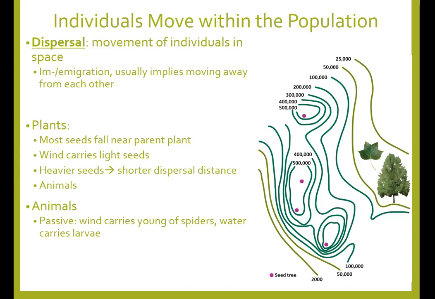Animals also disperse. Of course, you can think of Charlotte's Web at the end there, where all Charlotte's baby little spiders are blowing away in the wind. That's a real thing. So spiders can blow away. Water carries larvae. And actually it carries a lot of organisms away into new environments. Animals can actively disperse.